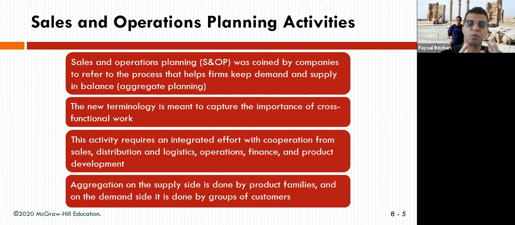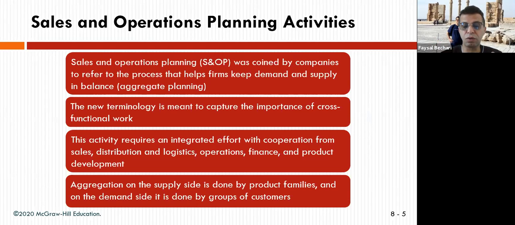Maybe in the next chapter, we will talk more about the technology we can utilize in such an activity. This activity requires integrated effort with cooperation from sales, distribution and logistics, operations, finance, and product development. In other words, all the departments have to come to an understanding. They're all in one boat, so all of them have to operate in synchronization with each other.